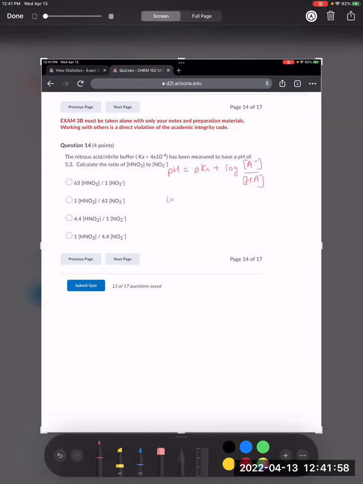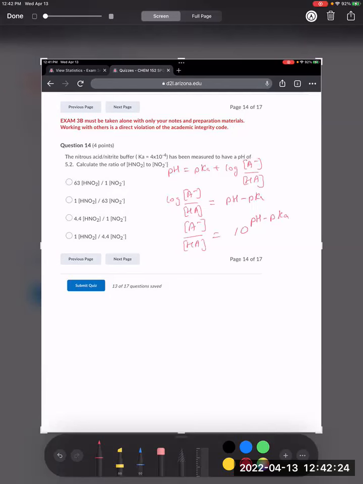Since they're asking for the ratio between the conjugate base and the weak acid, we can rewrite this: A minus over HA should be equal to pH minus pKa. Therefore, A minus over HA concentration must be equal to 10 to the power of pH minus pKa. This is what we need.